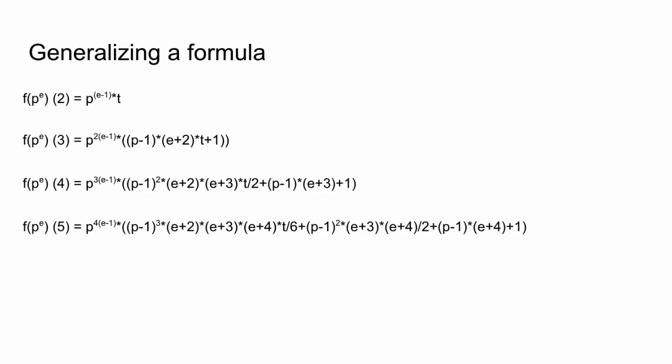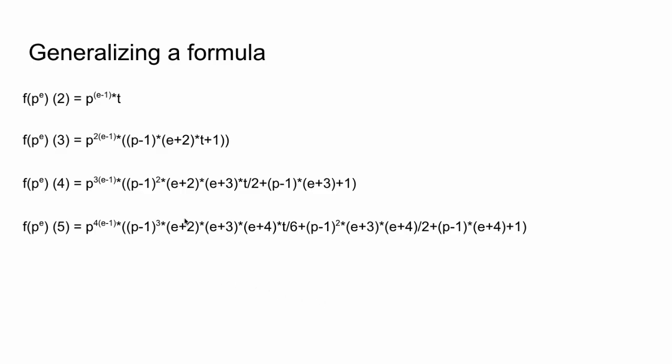But if you try to find f of p to the e for a lot of numbers, you'll get e plus 2 times e plus 3 times e plus 4, e plus 5, e plus 6, and so on. And you'll have a lot of numbers to multiply. So what we need is a nicer way to represent this.